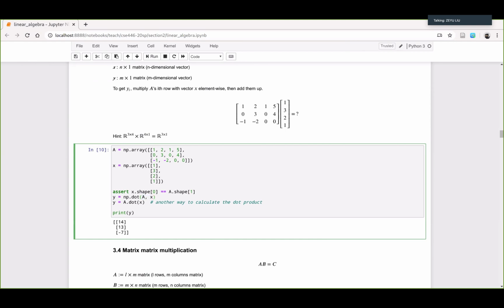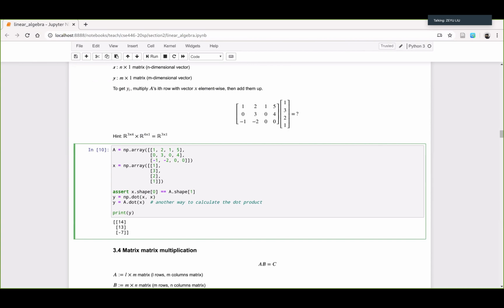For example, here, ax would do the matrix multiplication. But if you do xx, although this can be considered a dot product between a matrix and a vector, it has a different interpretation in math, I guess, for different people.